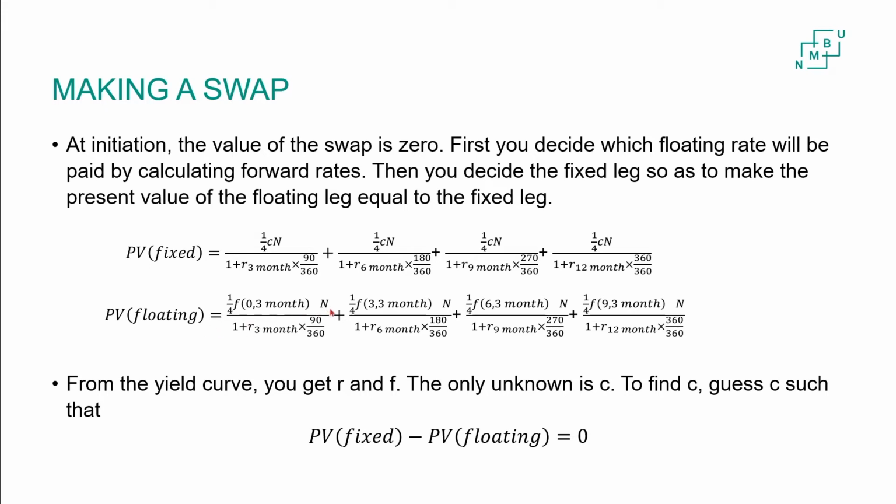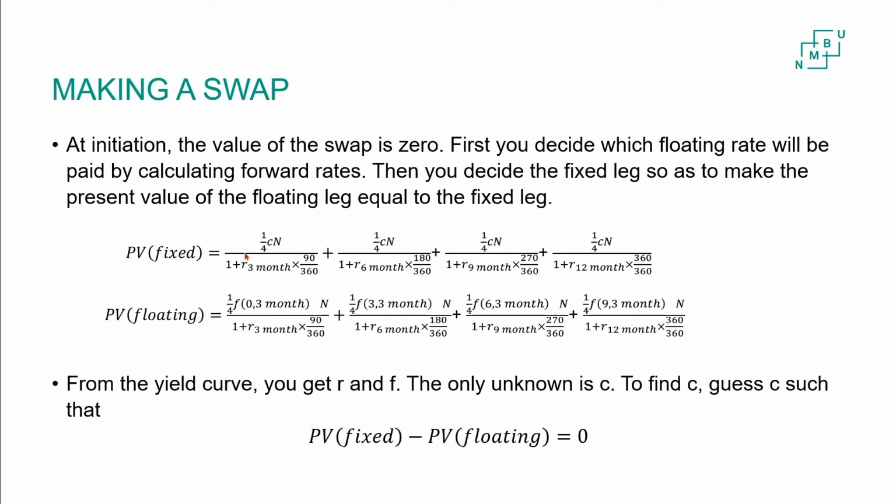You have the notional value of the bond times the implied forward rate, the 3-month rate, times 1/4, because there's 4 different payments during the year.